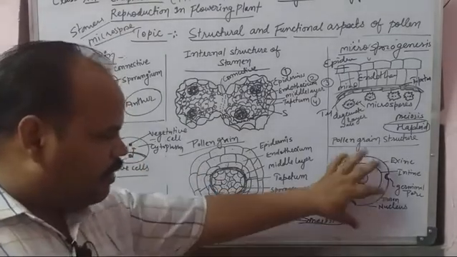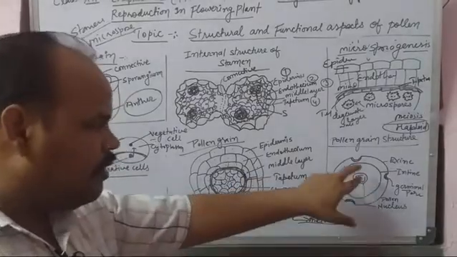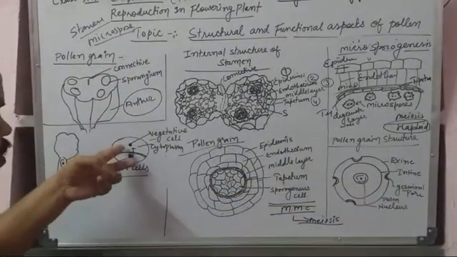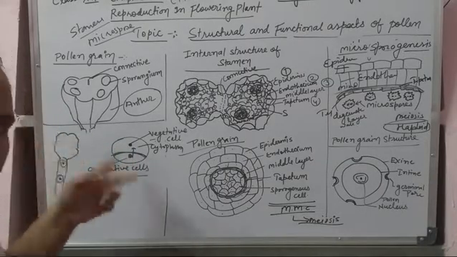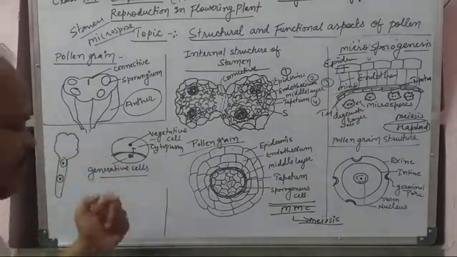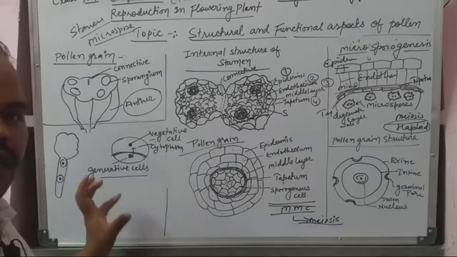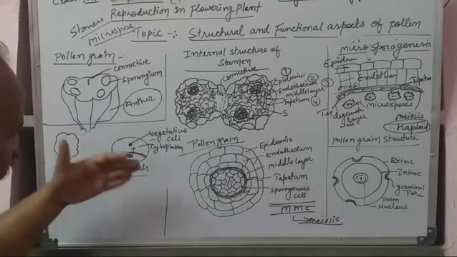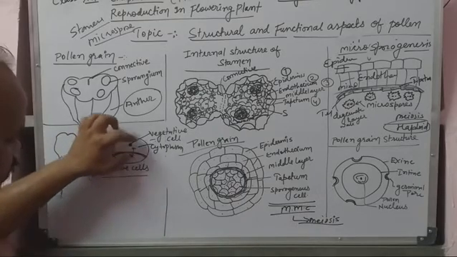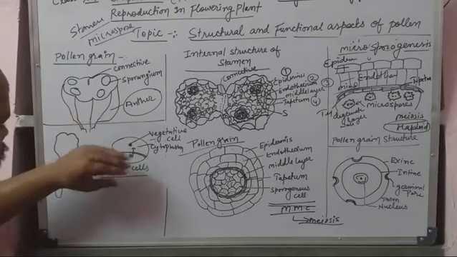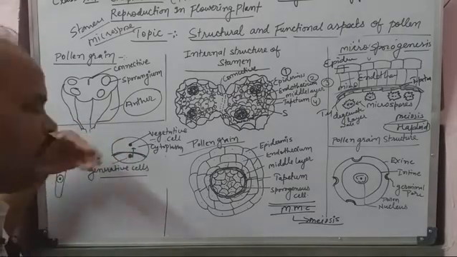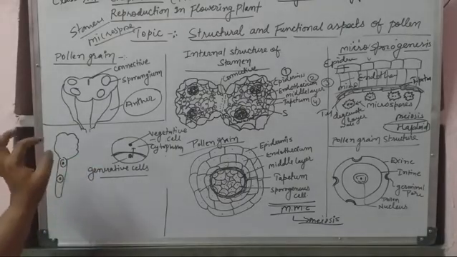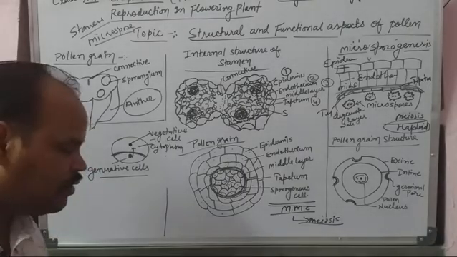The pollen grain nucleus will be divided, forming two nuclei. One of the nuclei will grow in size and form the vegetative cell, and the second one is small, so that is the generative cell. The generative cell leaves the covering area and moves into the cytoplasm of the vegetative cell, and then forms a pollen tube after some time.